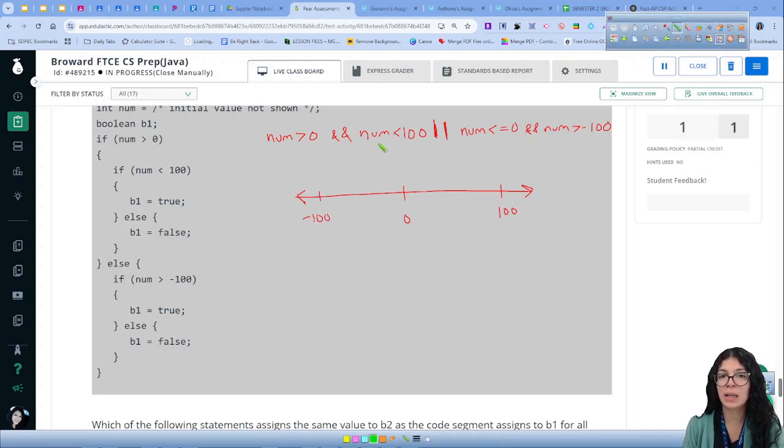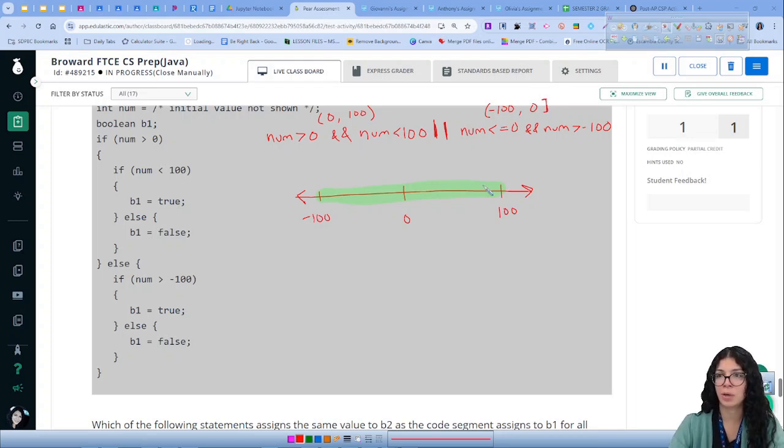So really, if we simplify this, we're looking at all numbers between negative 100 and 100, right? This would be the numbers exactly between 0 and 100. And these would be the numbers exactly between negative 100 and 0, including 0.